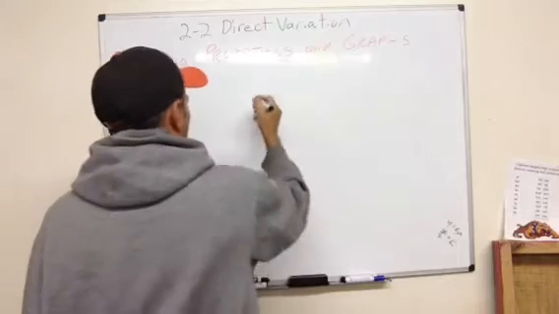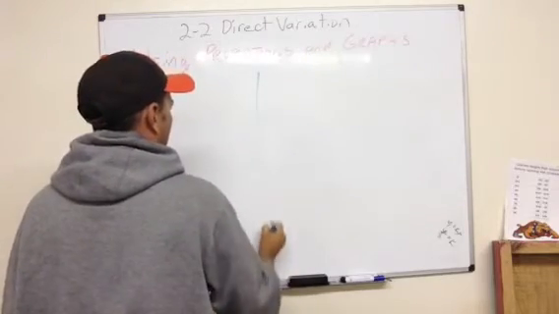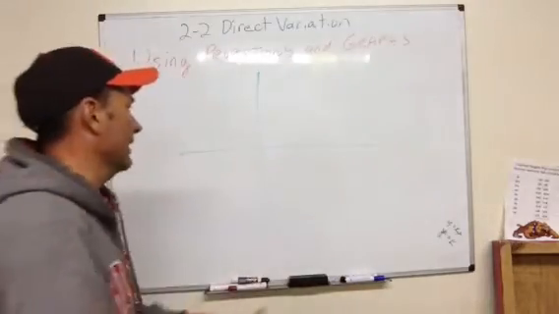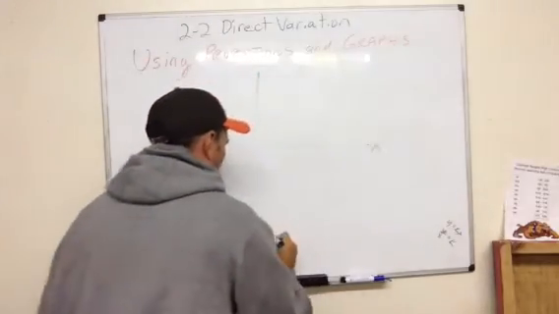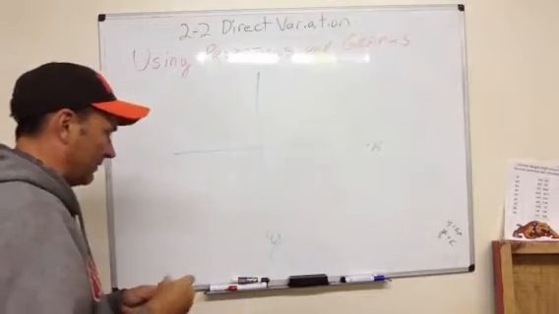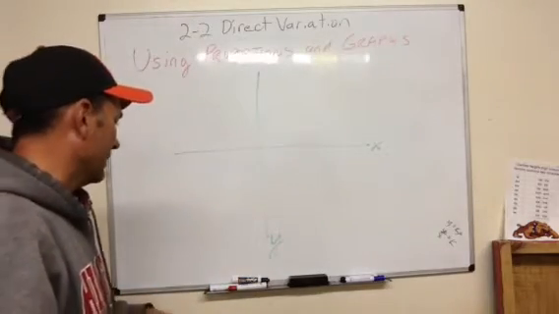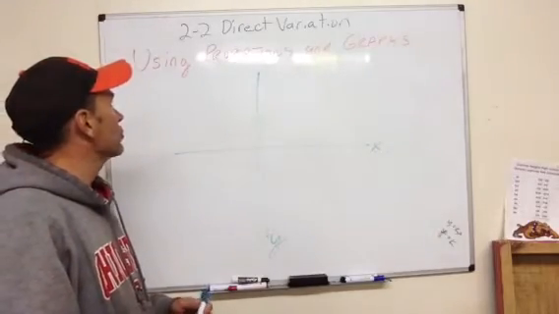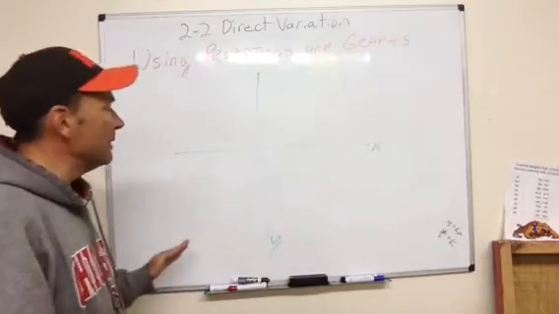So we know on a graph, we have an x-axis, we have a y-axis, and everything else. Now, how I know that it is a direct variation is it's going to be a straight line.